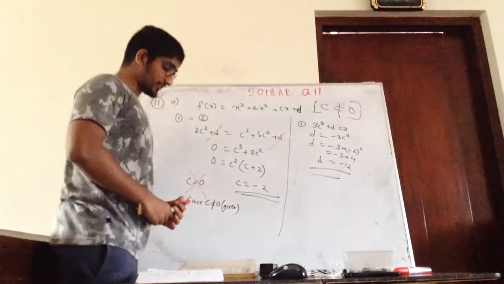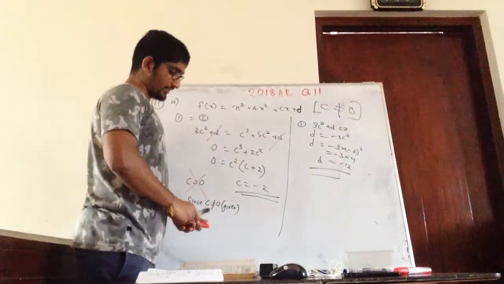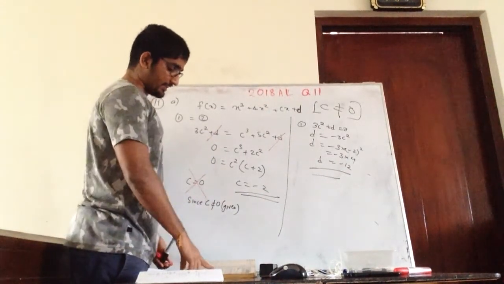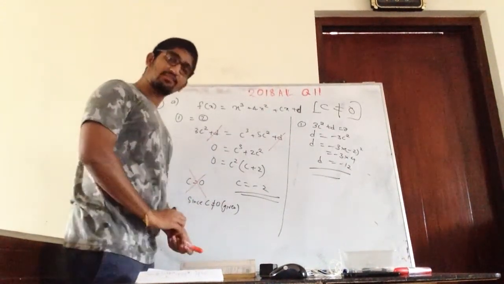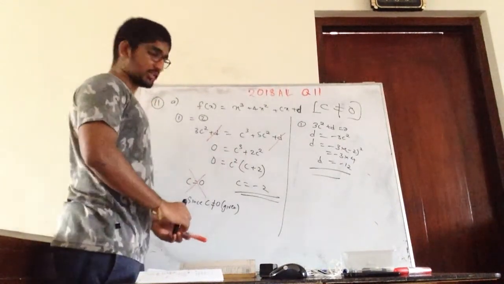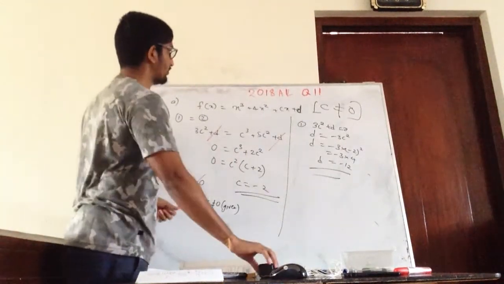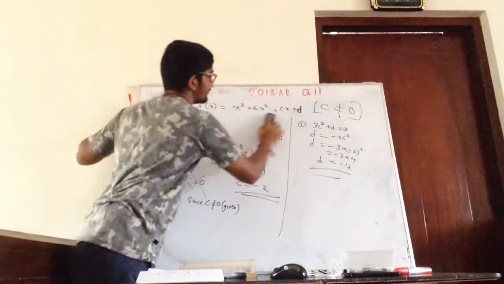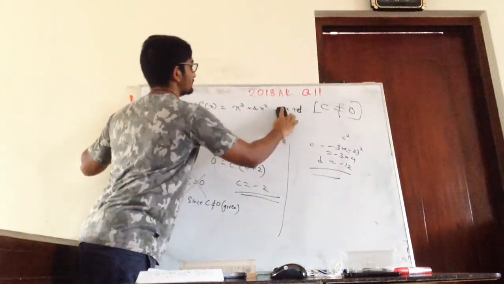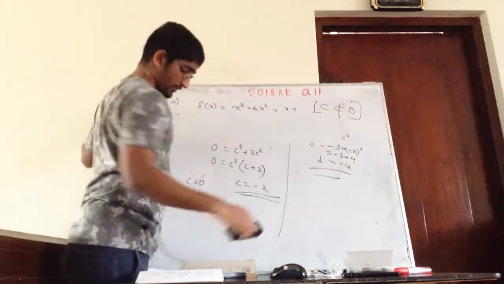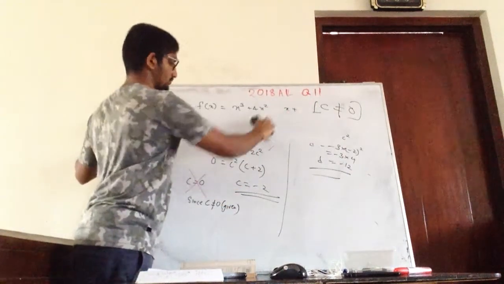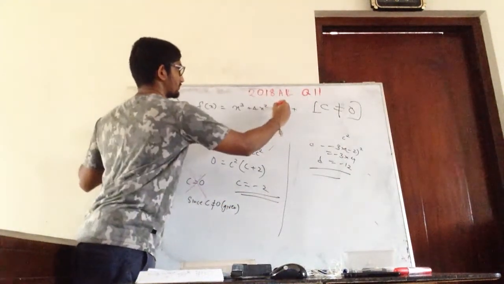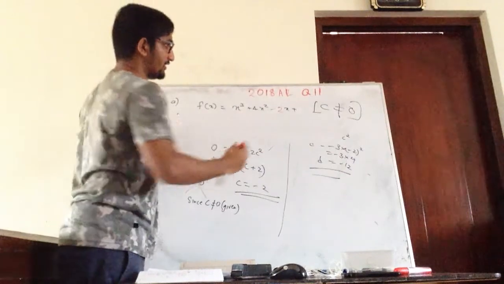So what are they asking next? Next they are asking, for these values of c and d, find the remainder when fx is divided by x squared minus 4. So now we know what c and d are. c is minus 2, and d is minus 12.